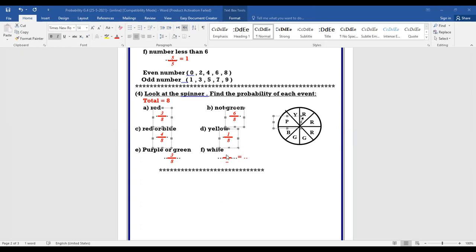There is no white here. It will be 0 out of 8, and 0 over any number equals 0.